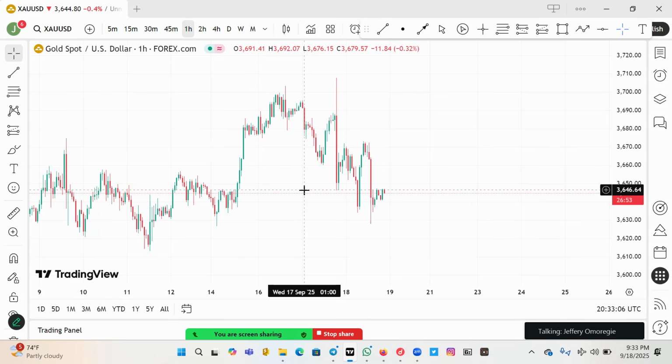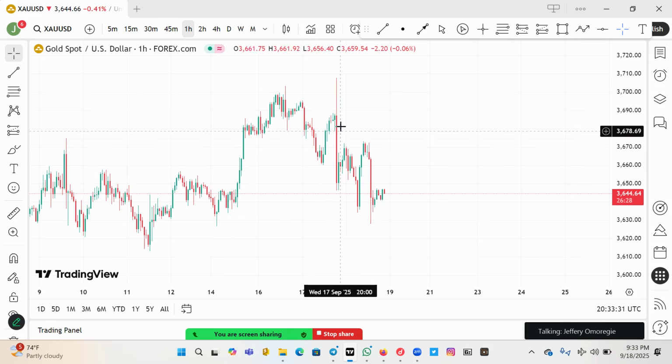Continuation order flow simply talks about the market moving in the same direction as the trend of the market.